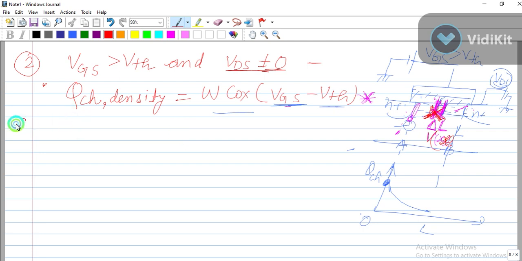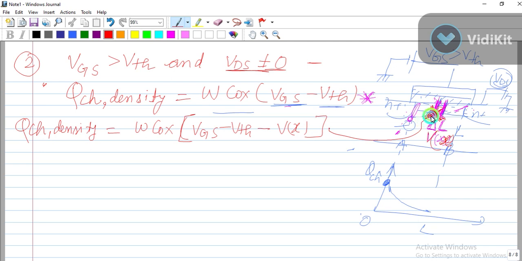So we have to take the equation Q channel density equal to W Cox times VGS minus VTH minus Vx. This first equation is applicable only when VDS is equal to 0. When VDS is not equal to 0, we have to use this second equation.